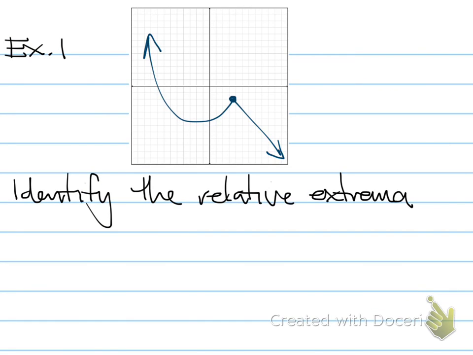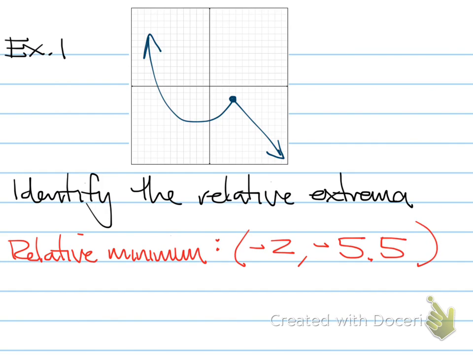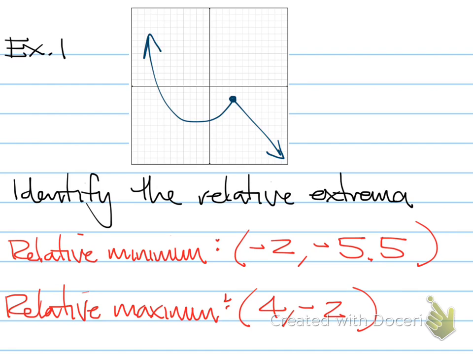In this first example, we want to identify the relative extrema. The relative minimum exists at -2, -5.5. Alright, that's where the horizontal tangent line of the graph is. And there's a relative maximum at the coordinate 4, -2.